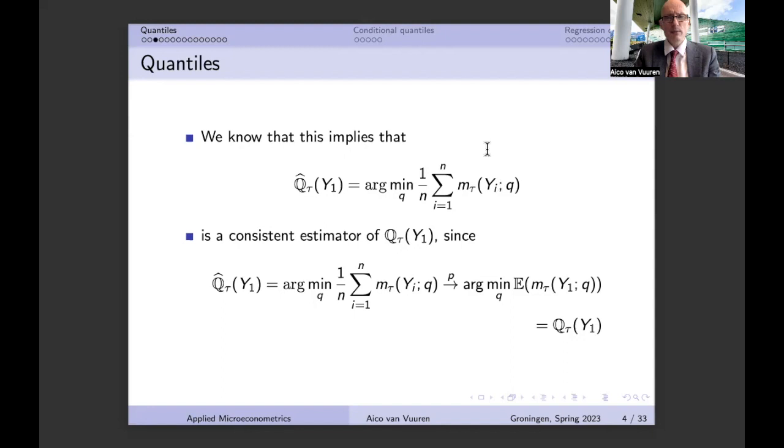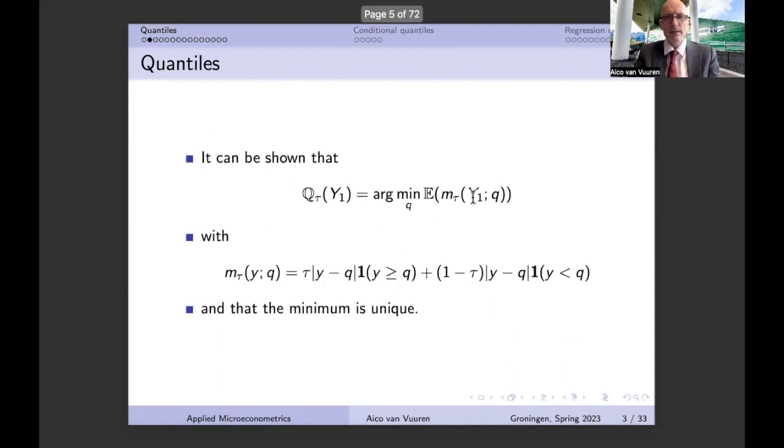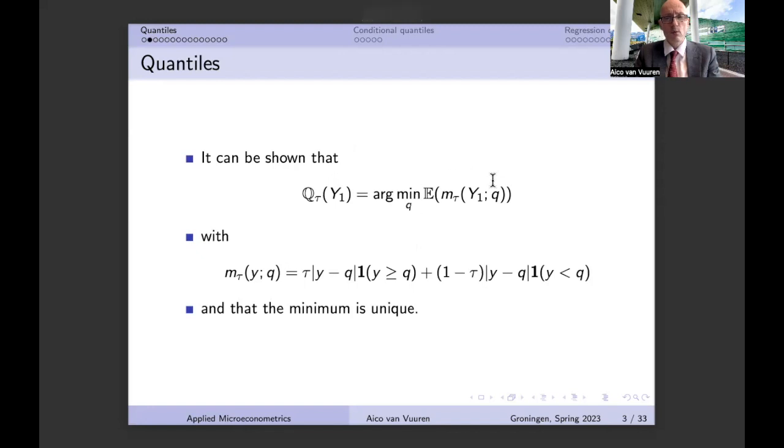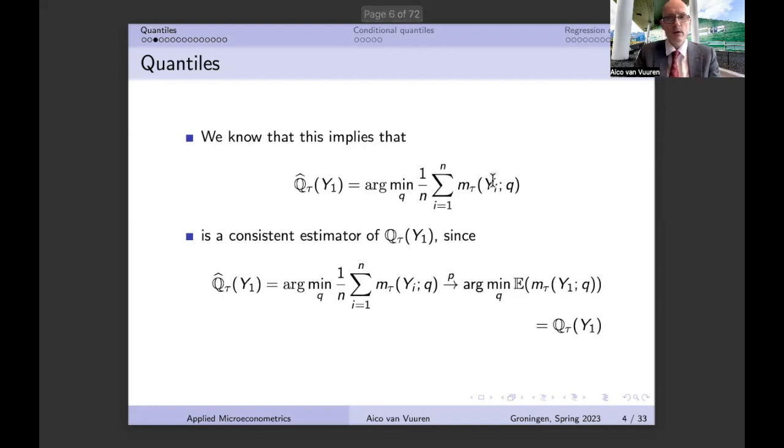So if we see this thing over here as a function of Q, actually we see it as a function because we minimize with respect to that function, then we can see this also as a function. What we can say is that this function is different from that function over there for any level of Q. But if n goes to infinity, then these two functions are going to be exactly the same.